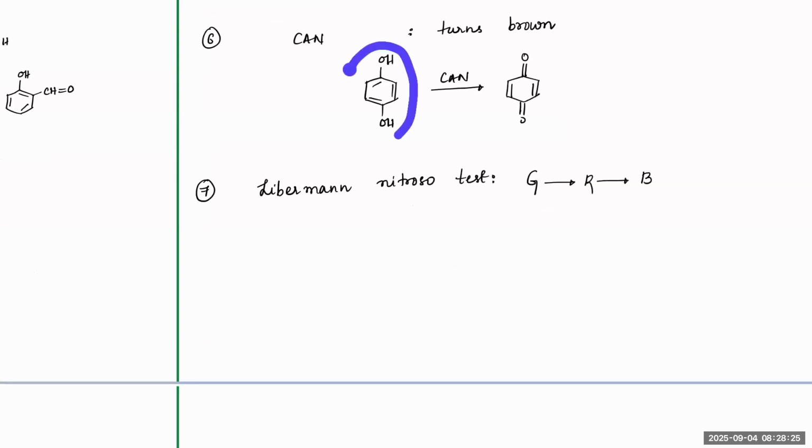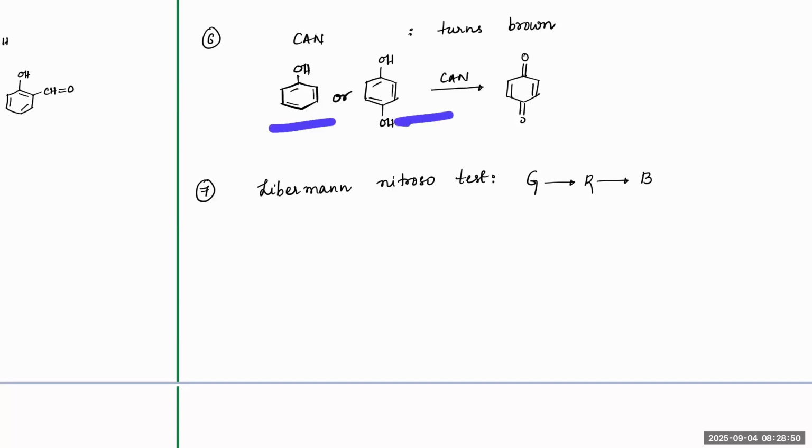Next, if you have quinone, right? If you react that with ceric ammonium nitrate, which we used to do for alcohols, here also it will turn into brown color. Correct? This is not just for quinol, it is even for phenols also. So even if you have phenol, it will convert into quinones.